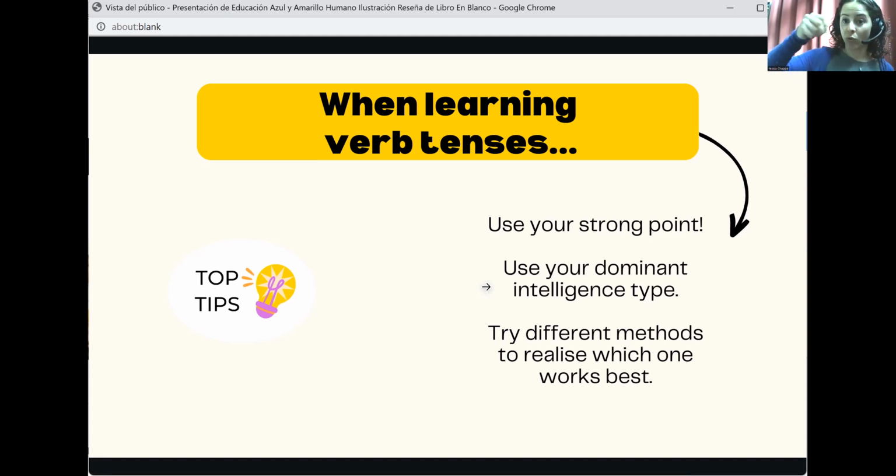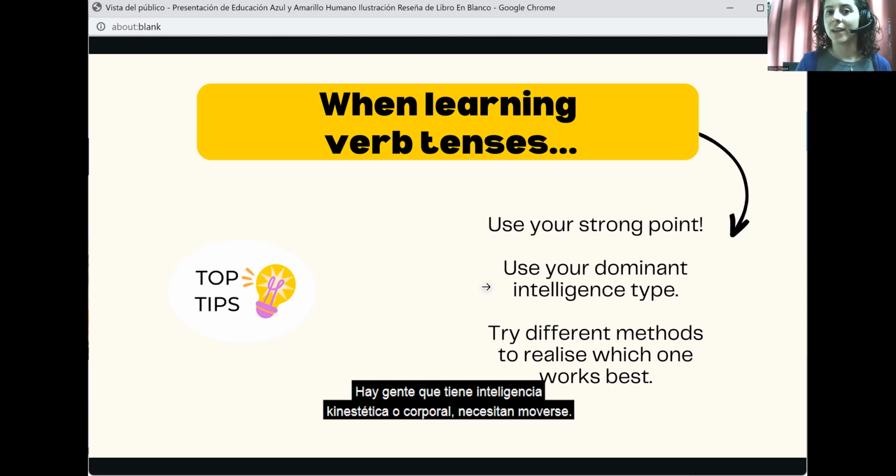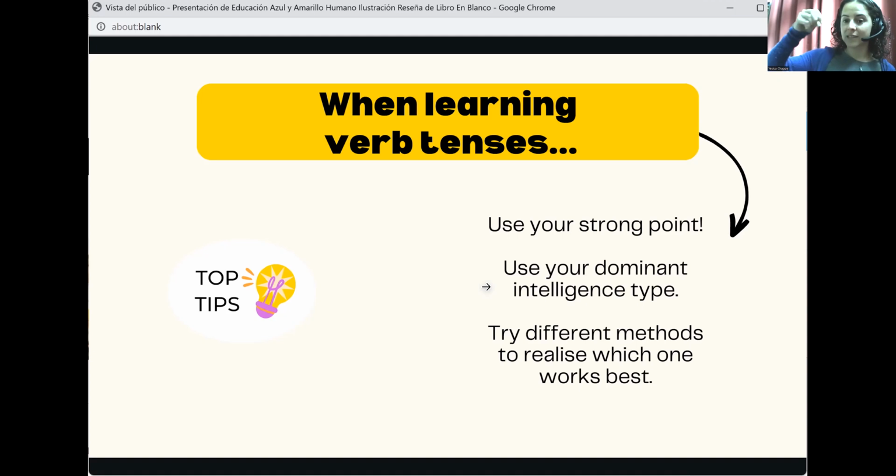They need to write things down. Also, the people who have kind of kinesthetic intelligence, they need to move. They need to write sentences a lot at first. They need to use paper, pieces of paper, and move them around. They need to use gestures. They need just to say, I work, I worked, I'm working, I will be working, or I will work.